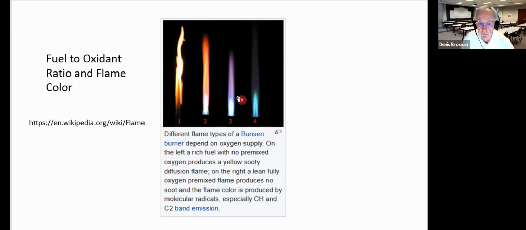As we start making the flame more fuel rich, the flames get darker in color, and that's mainly due to the fact that we have some high molecular weight hydrocarbons that may be formed during the combustion process, and those hydrocarbons absorb certain wavelengths of light, so the flame changes color.